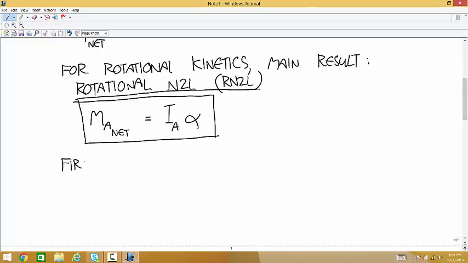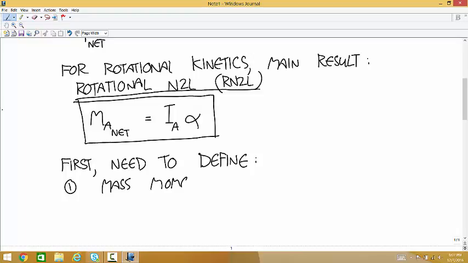So before we can do that, we need to define the mass moment of inertia, I sub A, and that's the rotational version of mass.